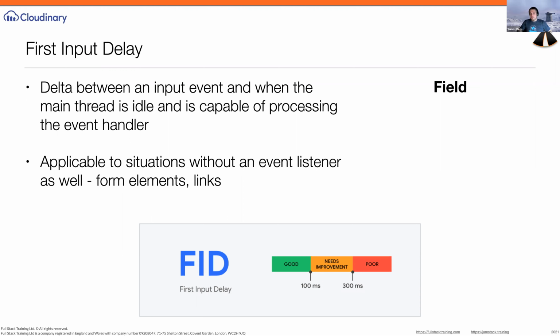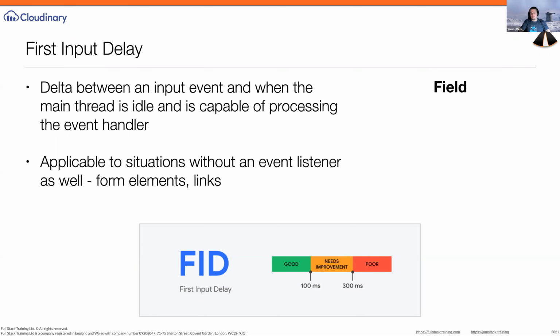But again, simply put, first input delay is the delta between an input event, so when someone touches something, like wants to press a button on the screen or click a button. So it's a delta between the time when they touch their device or click, and the time when the browser started to process that request. Okay.